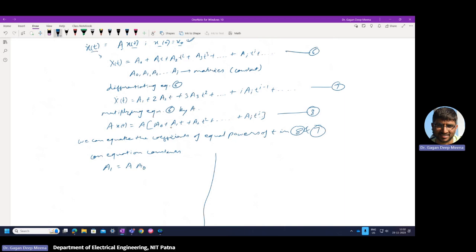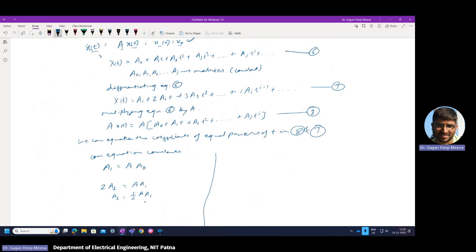So t is here and t is here. If I compare these two terms, it would be AA1 equals 2A2. So 2A2 equals AA1. Okay, so I can write from here A2 equals half of AA1.